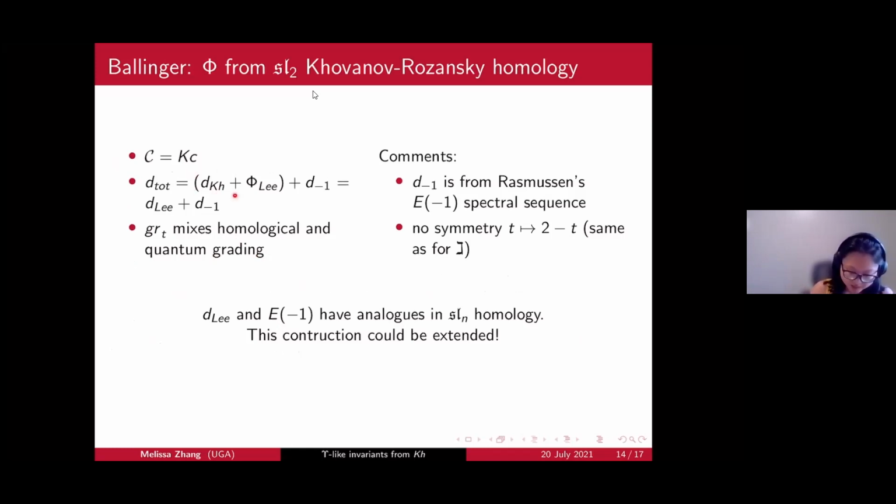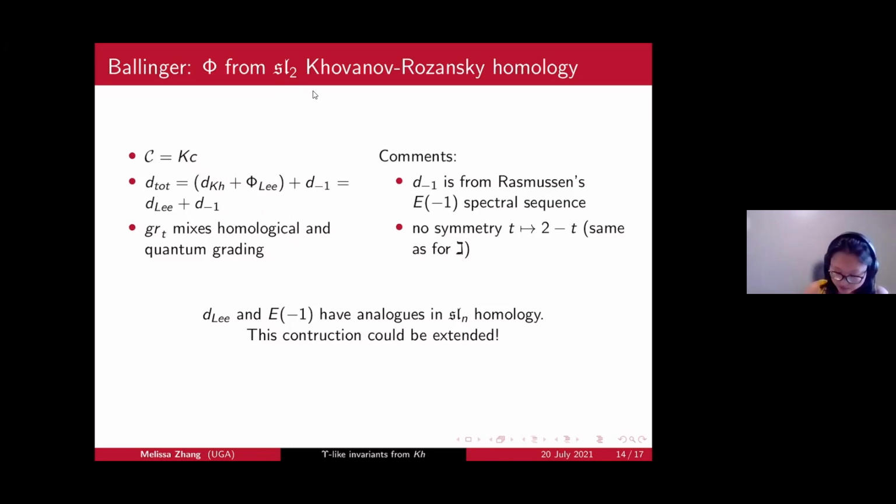Well, first of all, you can have Lee homology, which doesn't preserve quantum grading. It's filtered. But if you want to add in the homological, you need to add a second differential that messes with that grading. It doesn't just increase it. So this is the d_{-1} differential from Rasmussen's E_1 spectral sequence. Roughly speaking, you should think of this as coming from Khovanov homology and going to sl_N of your choice. So here, N is 2.